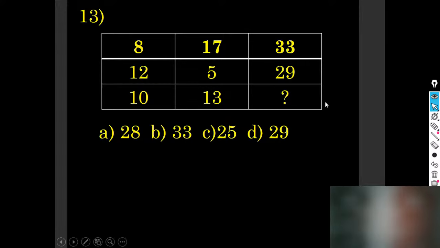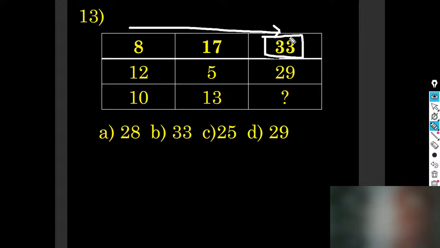Okay, whenever you find numbers like this, we can observe that the last column is larger. Here 33 is larger. Next, 29 is larger. So it indicates that we should solve this row-wise. I'll give you a small clue. Just subtract 33 and 17. 33 minus 17 gives us 16. Just find the relation between 8 and 16.